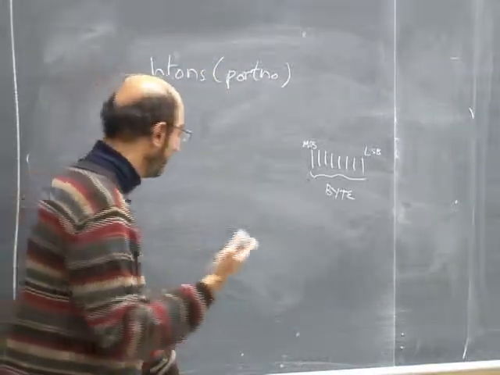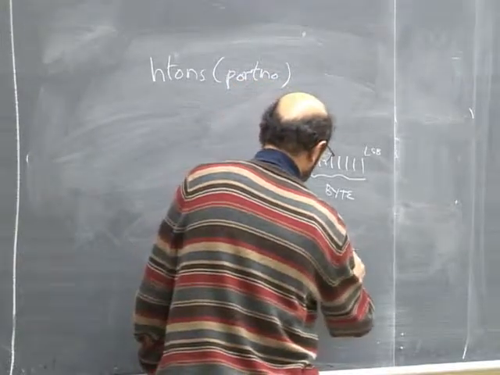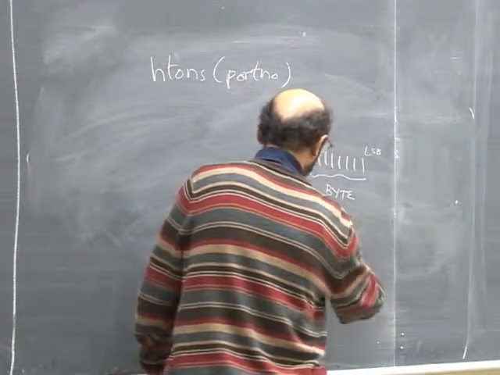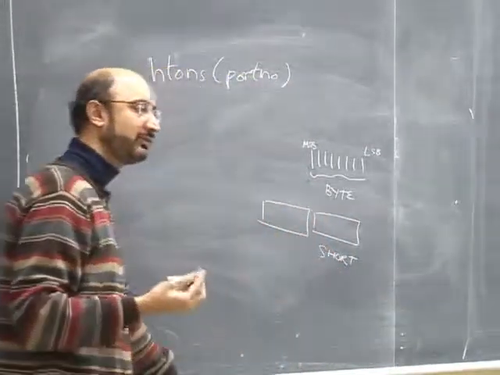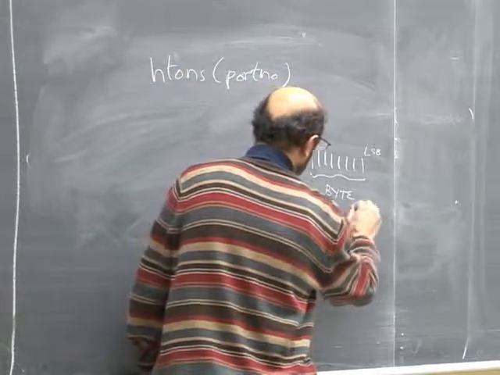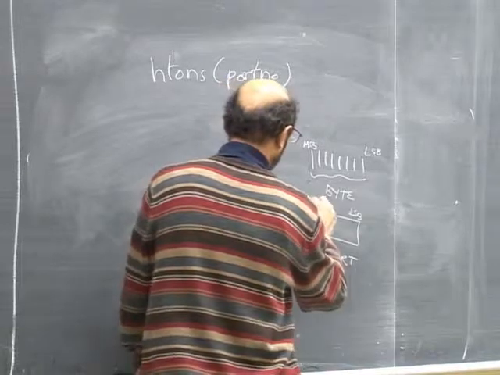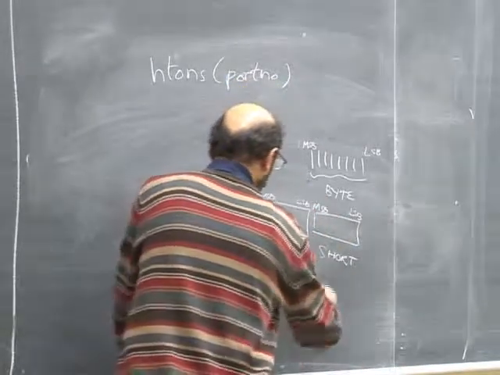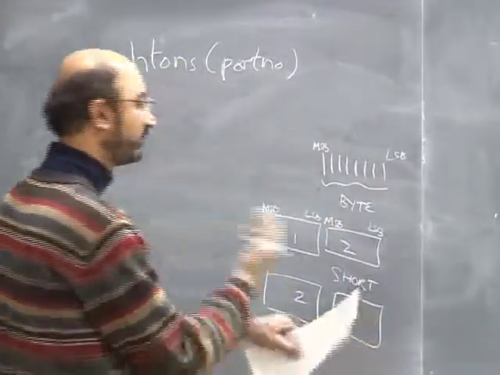Now if we have 2 bytes, then we have what's called a short. A short is 2 bytes, so we have 1 byte like this and the other byte like this, and it turns out there are 2 different ways of representing this. Inside each byte we always have MSB and LSB, but the two orderings we just call 1, 2 and 2, 1, so we swap them around.